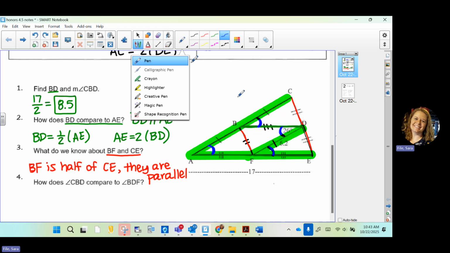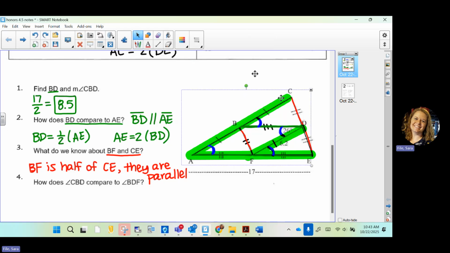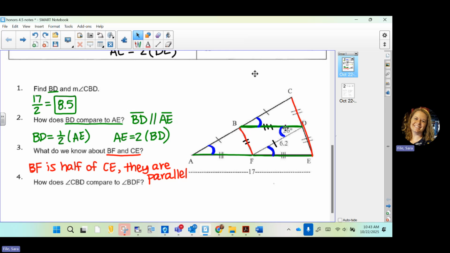Because of all of those different angle relationships with parallel lines that we learned about, we're able to see that all of these that I marked in blue with an arc are the same. They're all 26 degrees. Here's where I think the tick marks come in super handy, because notice the one given to us as 26 is where the 1 tick mark and 3 tick mark sides meet in this middle triangle, right?